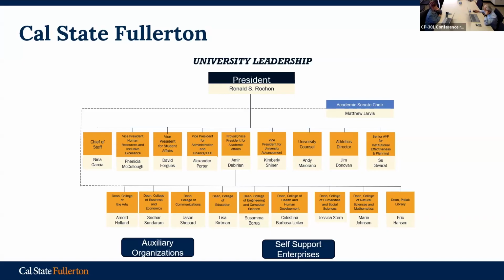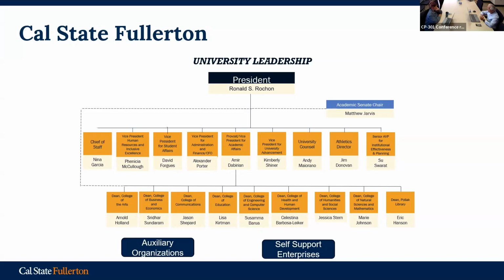And then you have university advancement, which deals with the external community, not only that, but with Sacramento and with Washington, D.C. University Counsel, well, they are there to keep us out of trouble, I guess. And then we have the director of athletics.